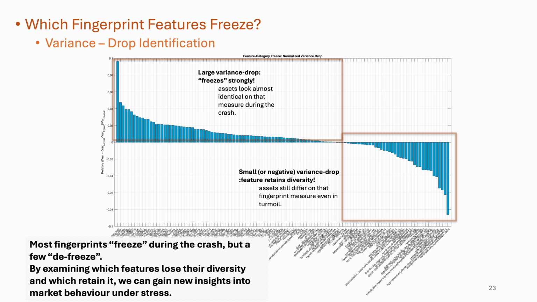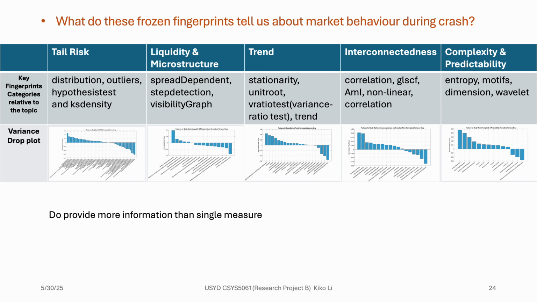The bars on the right dip below zero, indicating fingerprints that defrozen, where assets still diverge. So now we can check what those fingerprints measure to get insight about what happened in the market crash. Now, I divide the fingerprint categories into 5 groups so that we can provide information about the market from the perspective of tail risk, liquidity and microstructure, trend and interconnectedness, complexity, and predictability.